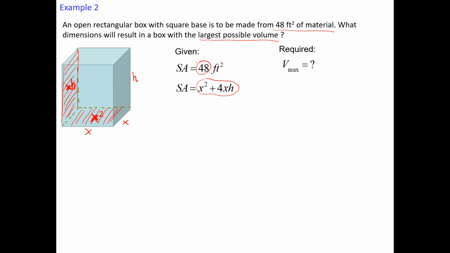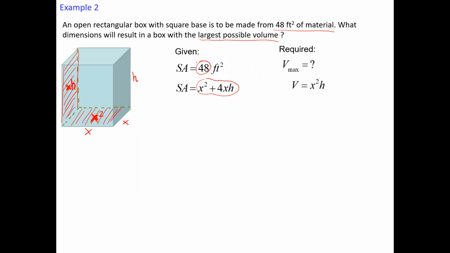Okay, required: the maximum volume. Actually, we're not looking for the maximum volume itself, but for the dimensions, x and h. Having them, we can easily compute the volume, because the formula for the volume is the area of the base times the height, x squared times h. The same procedure. You probably notice I have the function V equals x squared times h, but I have to get a function in terms of one variable.